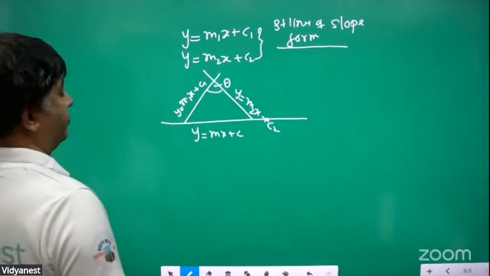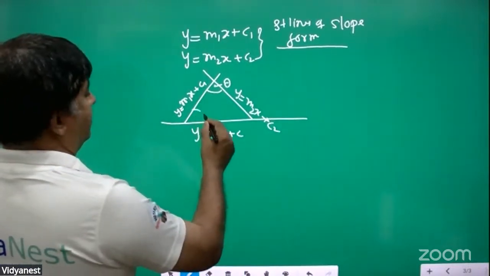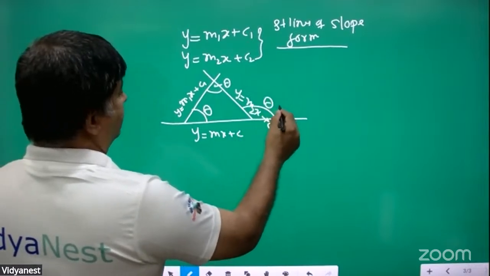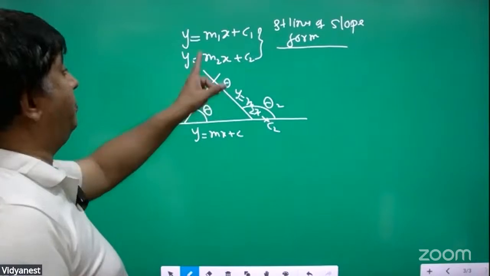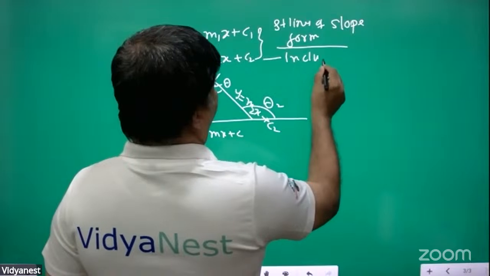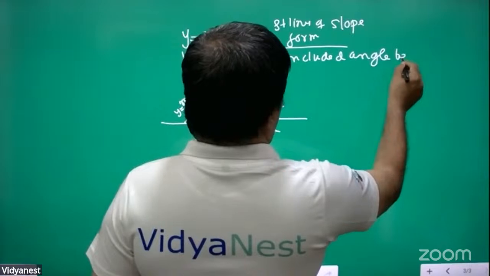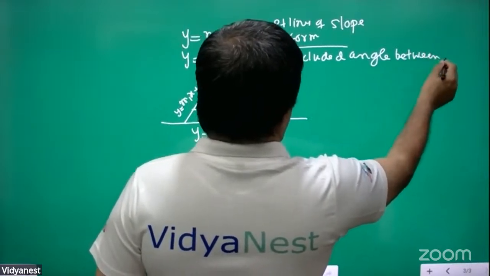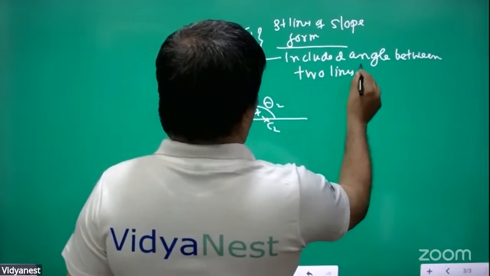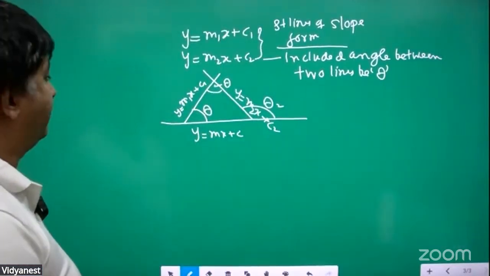So you consider this angle as theta 1, this angle as theta 2, and the included angle between these two lines be theta. Okay.